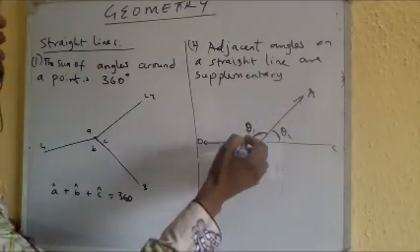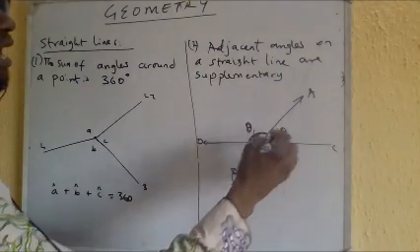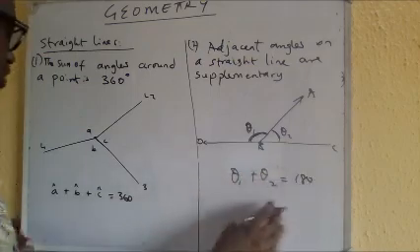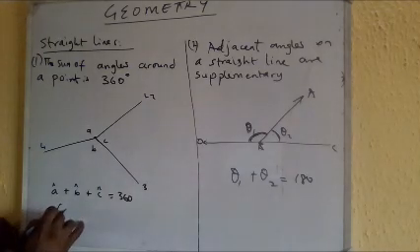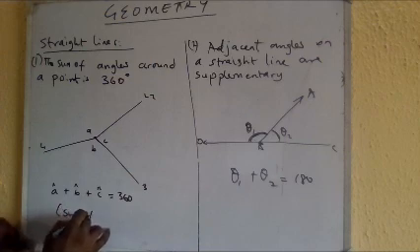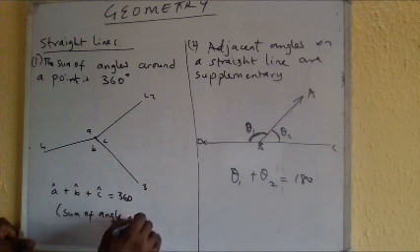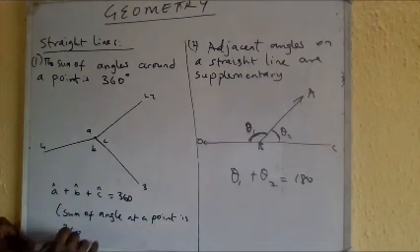What that means is that if I have this angle here, θ1, and I add θ2, I must get 180. So this is supplementary. For this first one, I say the sum of angles at a point is 360 degrees.